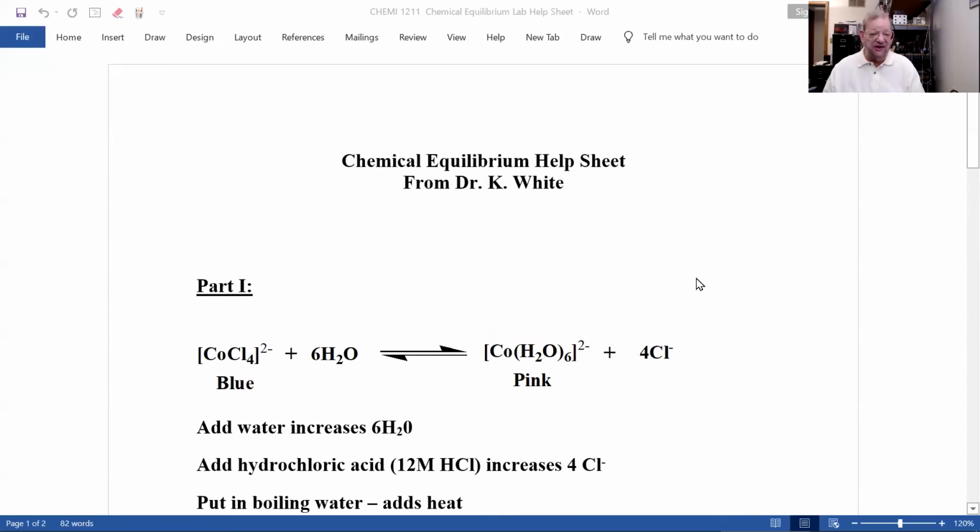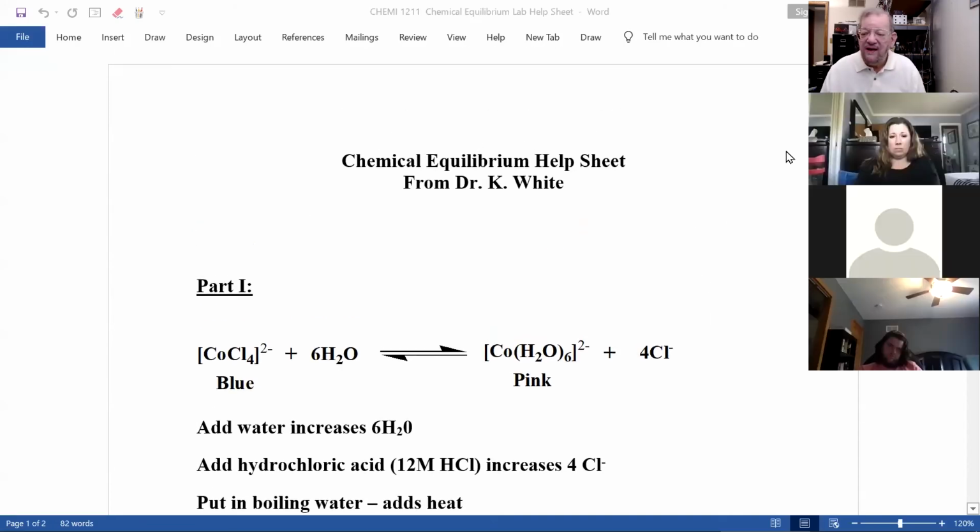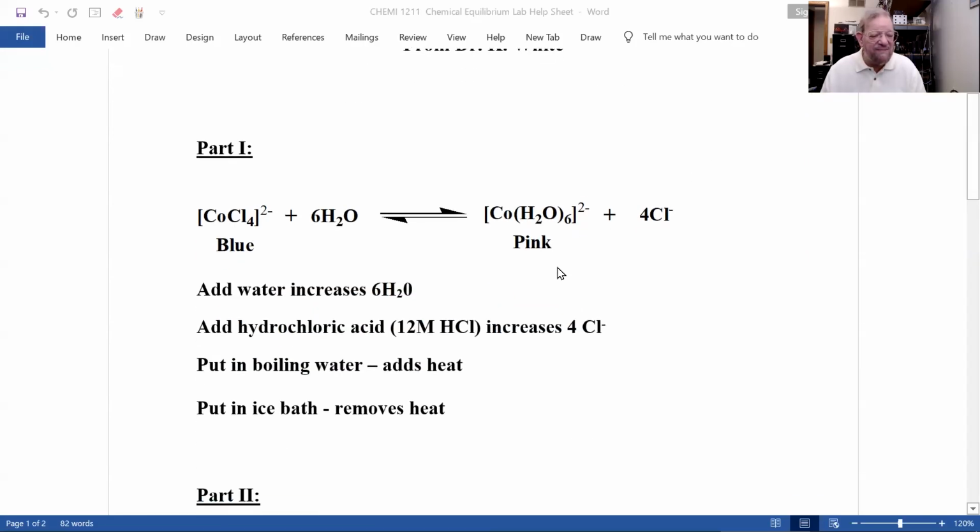Everybody see the help sheet? And when you add water, you increase the H2O. When you add HCl, you put in more Cl minus, and you saw it shifted when you add the HCl, it became blue.